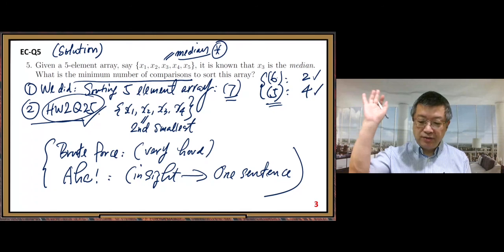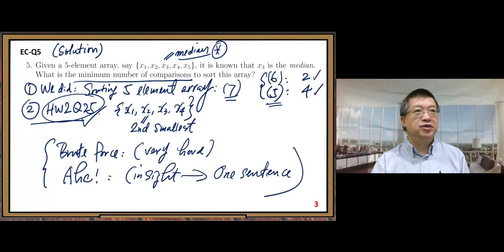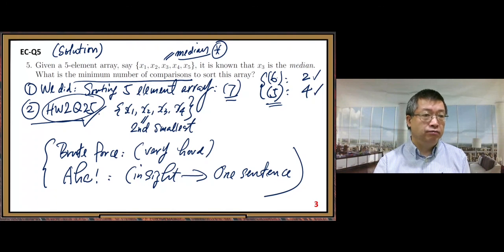One sentence, you get a solution. That's magic. I'd like you to find it by yourself, so then you can enjoy it. You will really enjoy that experience. I don't want to take that experience away from you. So much pleasure, so I'd like you to have it.